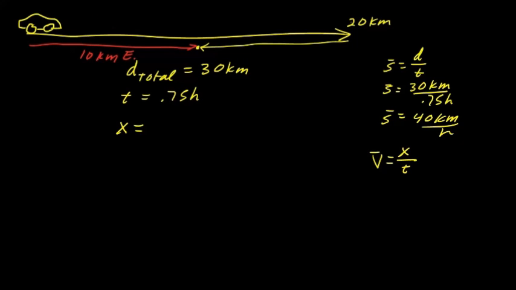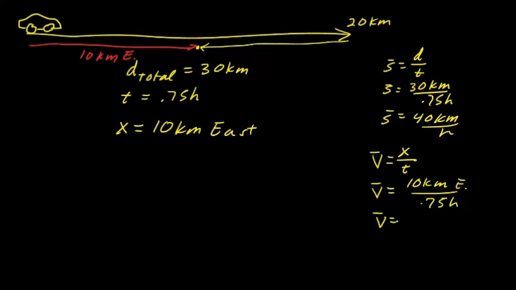So when we go back here and calculate the velocity, the average velocity is displacement, which is 10 kilometers east of the starting point, so delta x is 10 kilometers east, divided by the time, and of course the time didn't change, it still took 0.75 hours.